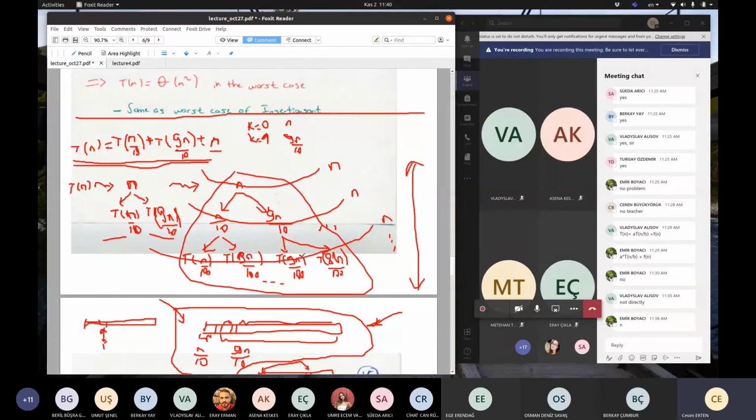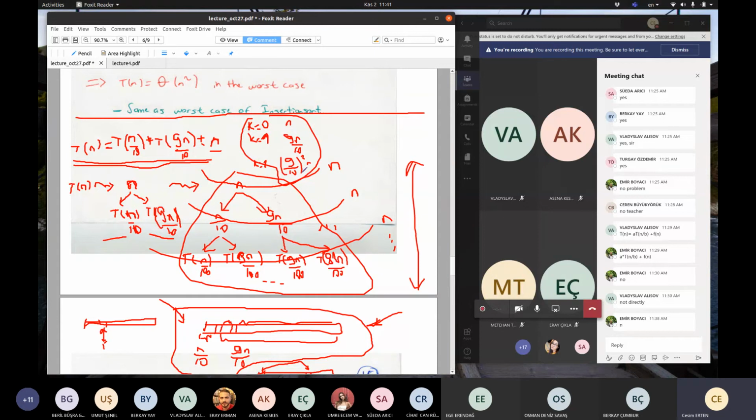At k equals 2, so this is k equals 0, k equals 1, this is k equals 2, we are expanding T of 9 divided by 10 squared times n. What do these three tell us?